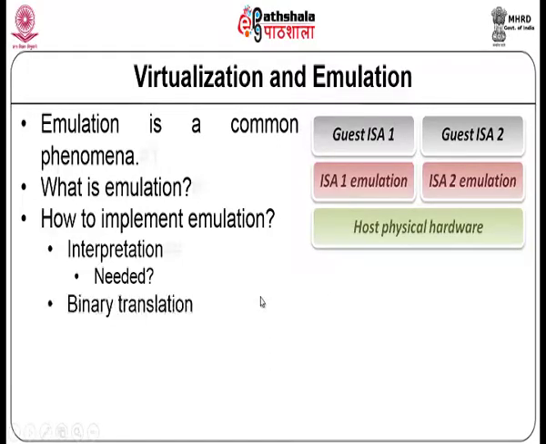So, if interpretation is not really required, then what we can do is go for binary translation. What happens in binary translation is that a bunch of instructions of the guest can be looked into by the emulation environment, and they will be converted to the hardware specific ISA code, and the whole of the guest will be converted to the new ISA specification code, and then it will be run.